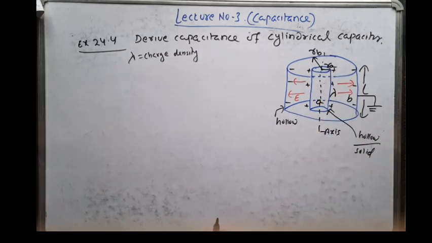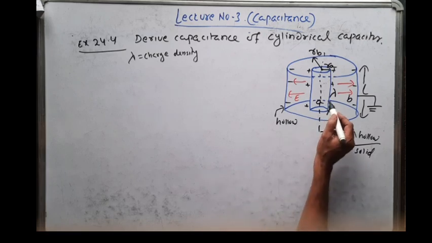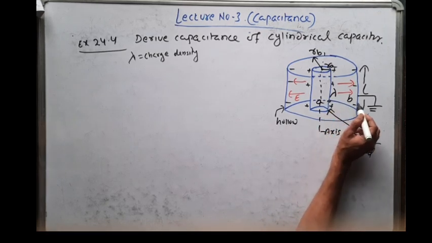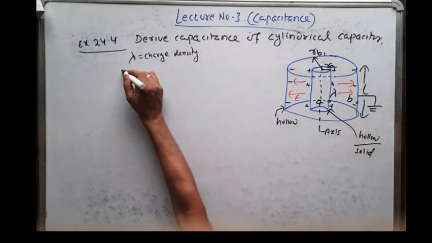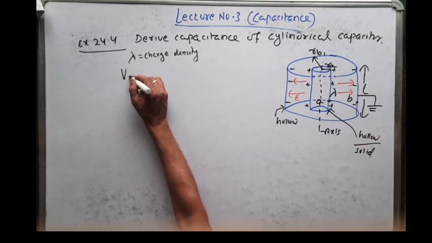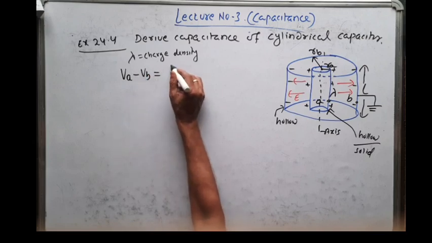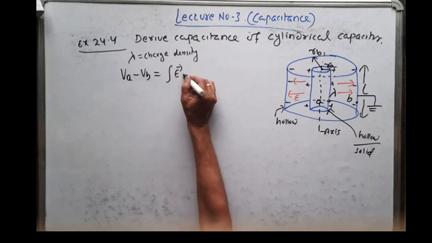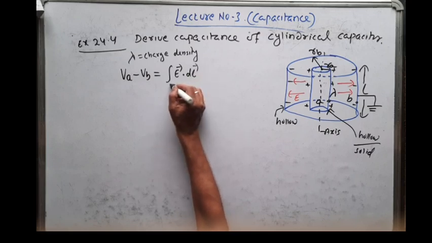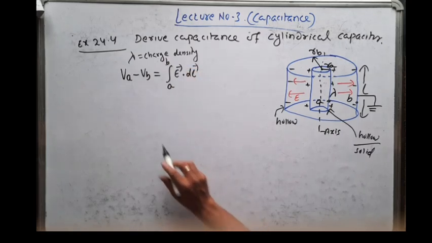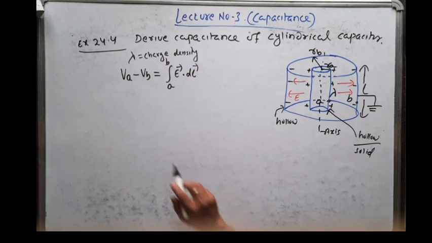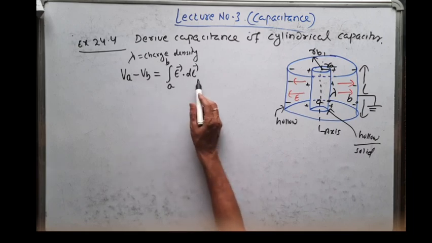Now we have to find the potential difference between point A and point B. According to the electrostatic potential concept, we know VA minus VB is equal to the line integral of E dot dl from point A to point B. It is already explained.